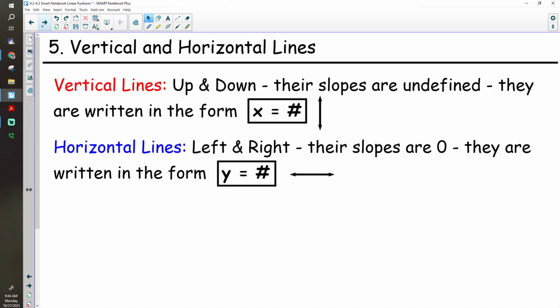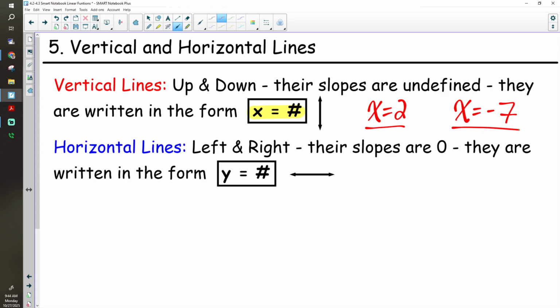Now, lines are not always diagonal. They can also be flat or they can be vertical. When a line is flat or vertical, it's not in the form y equals mx plus b, and you just have to memorize this. Okay? So, vertical lines are always written as x equals a number. Okay? So if you ever see a linear equation that's like x equals 2 or x equals -7, these are linear equations, but they go straight up and down.